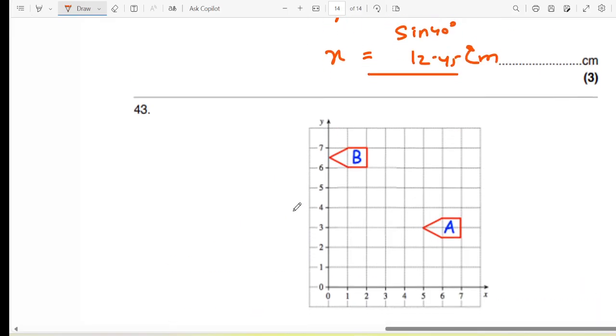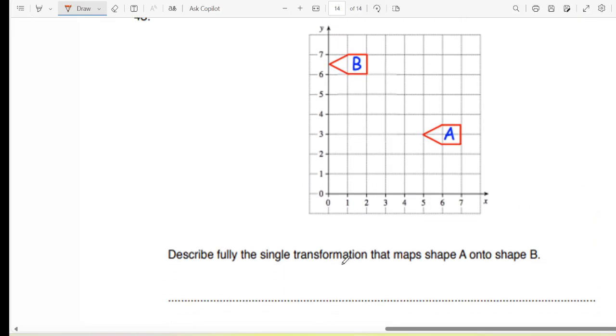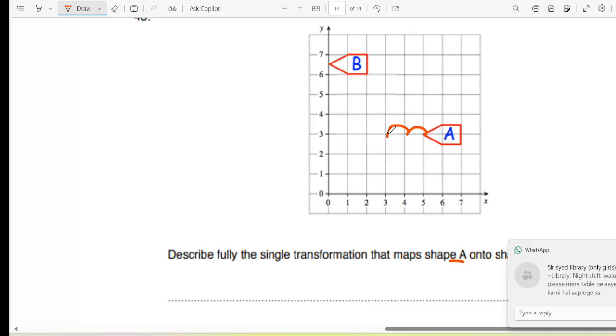So the last question is this: we have to transform shape A onto shape B. Shape A is this and shape B is there. So first let's go horizontally: 1, 2, 3, 4, 5.